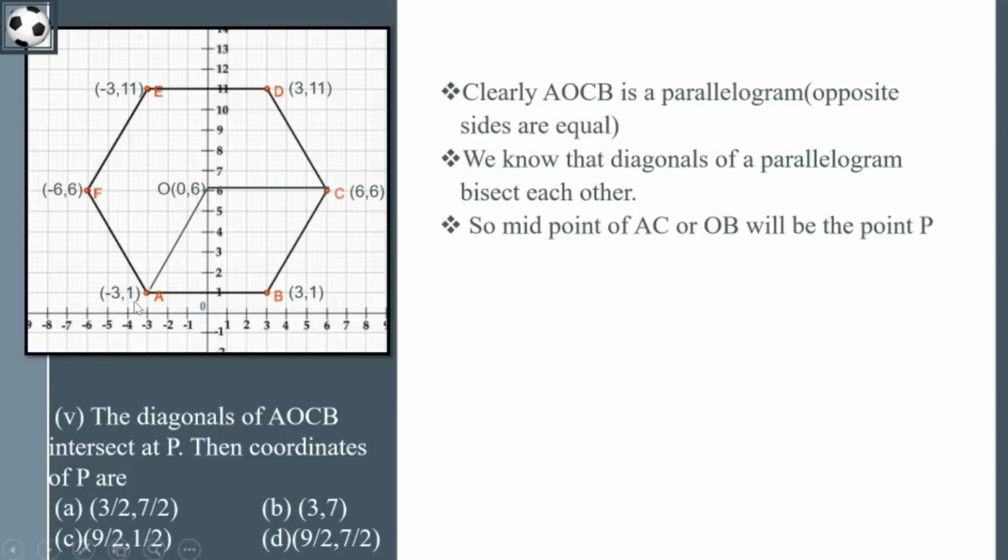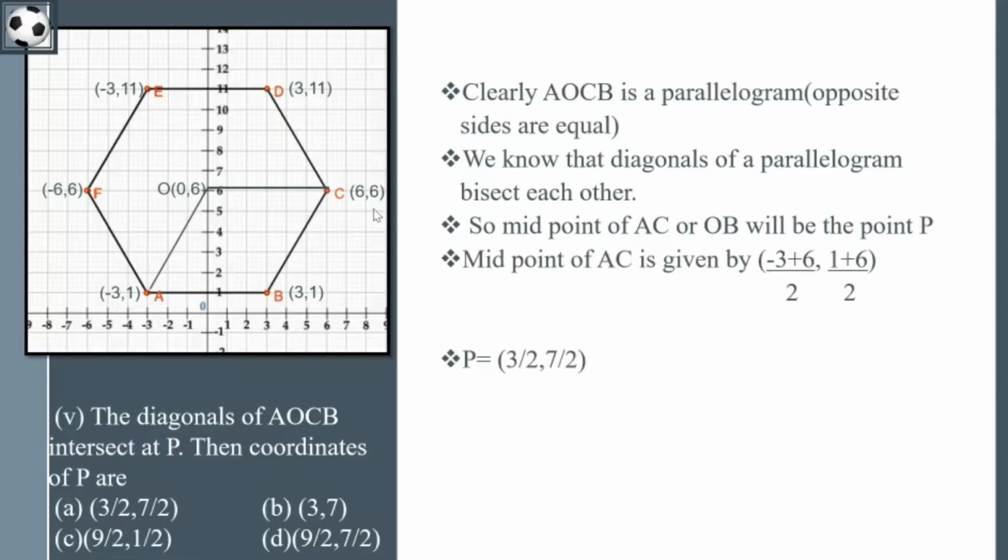I know that A is (-3, 1), C is (6, 6). So the midpoint of AC, that is point P, will be given by ((-3 plus 6) upon 2, (1 plus 6) upon 2). It is equal to (3/2, 7/2). So the A part is the correct answer.